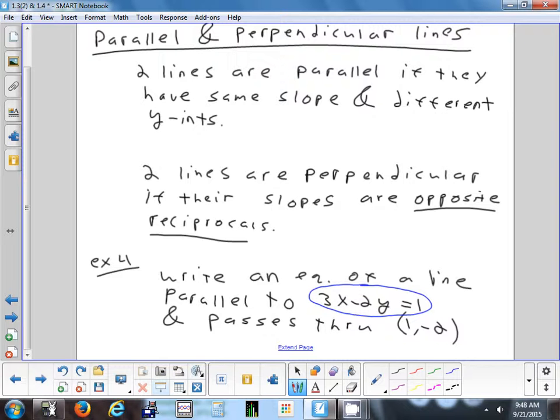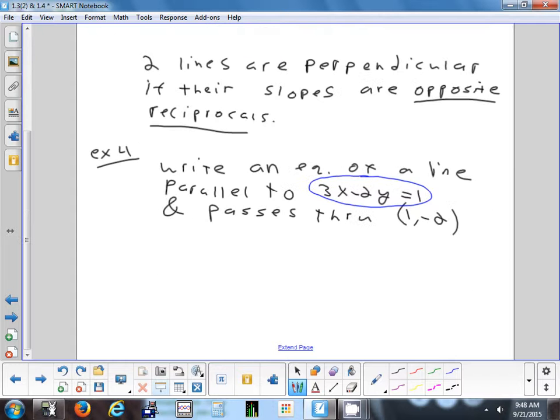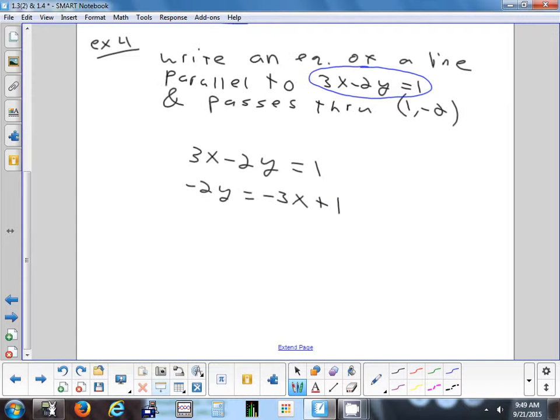It's easier to find the slope. If you're going to find an equation parallel to this, you've got to know the slope of this. And whatever the slope of this is, the slope of my other line is the same because they're parallel. So the first thing I would do, write it in y equals mx plus b. Bring the 3x to the other side as a negative, and divide by -2.